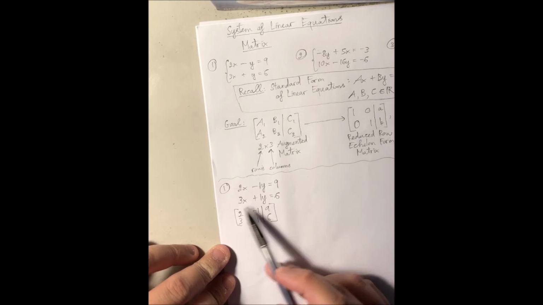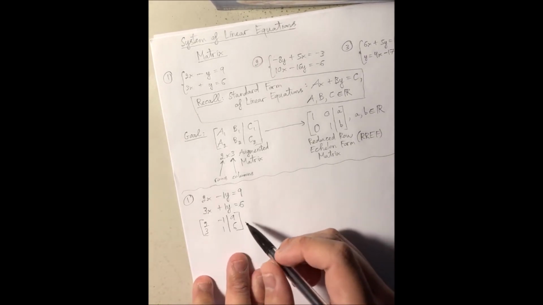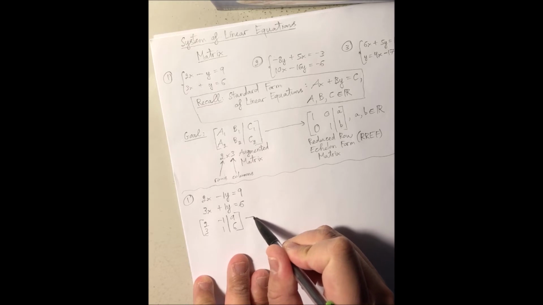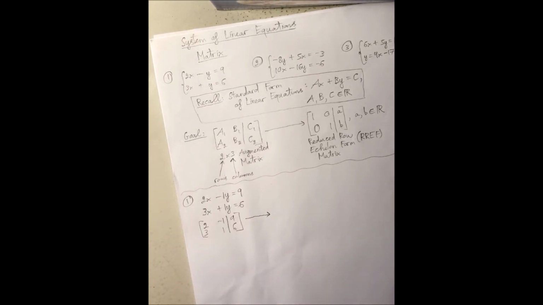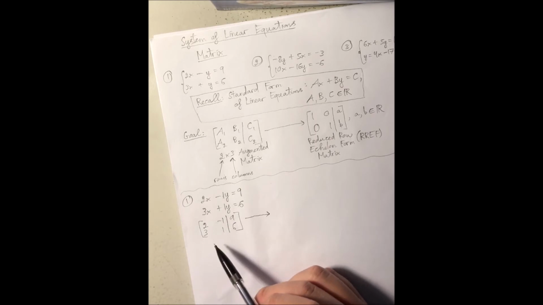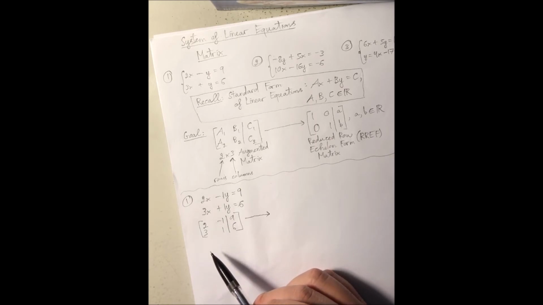Now we want to reduce this augmented matrix of this system down to the reduced row echelon form matrix. Well, this will require quite a lot of mental math and being able to see ahead and being able to keep your numbers being integers as much as possible.